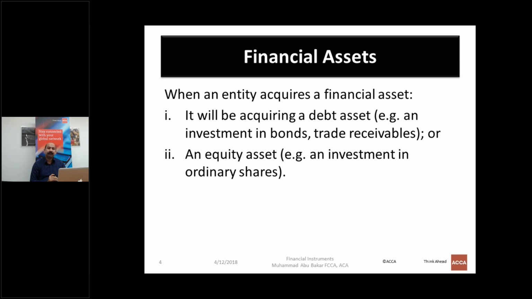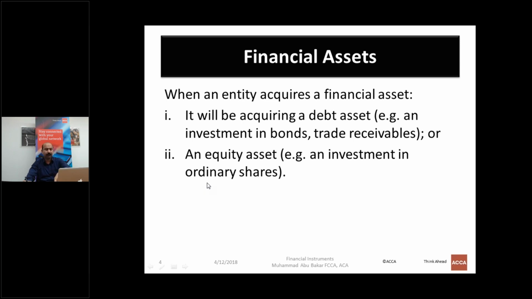The objective of bifurcating financial asset into these two categories is there will be a difference of accounting treatment so far as the debt asset is concerned and the equity asset is concerned. So we need to refresh accounting treatment of both separately.